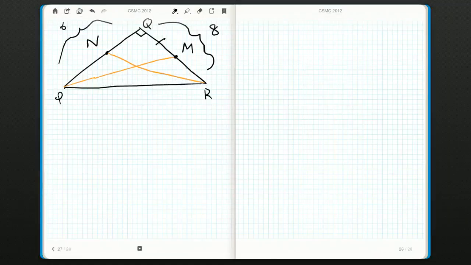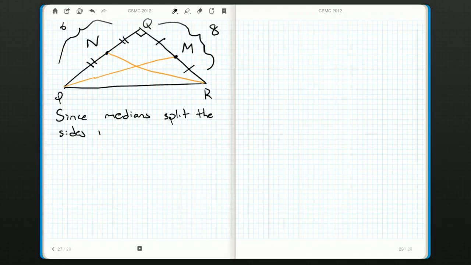Medians split these sides in half. PN is NQ, and that's going to be 1/2 of PQ, 1/2 of 6, which is 3.